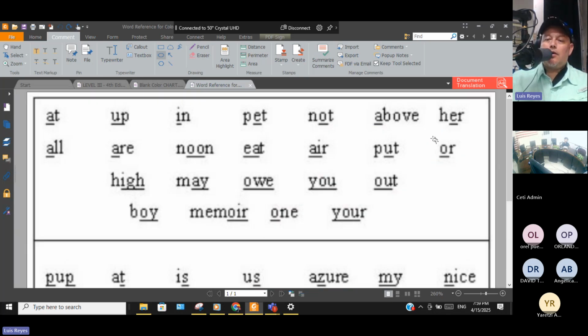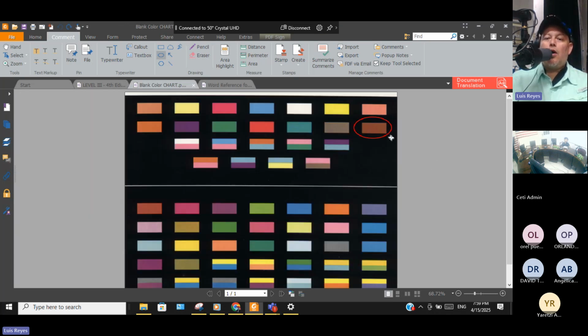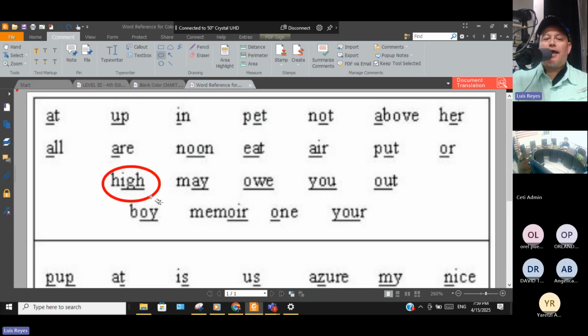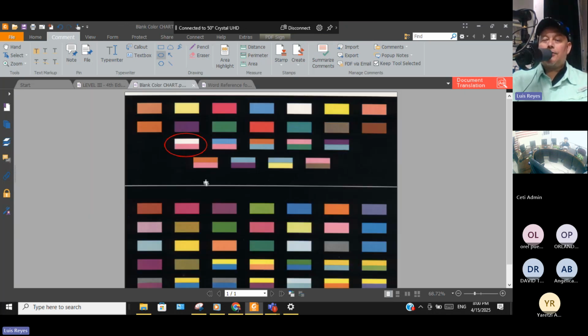Or, O, O-R, O on the color chart. High, I, H-I-G-H, I on the color chart.